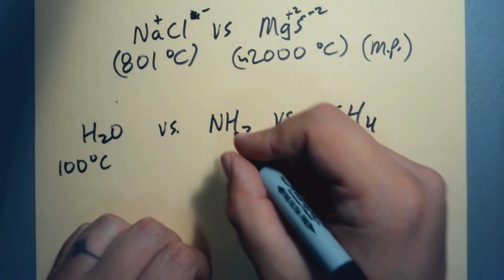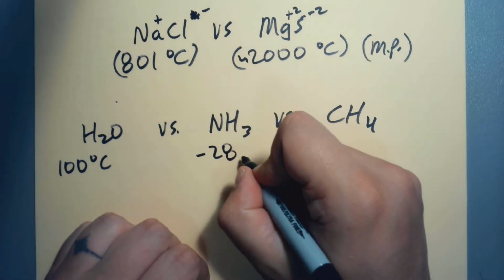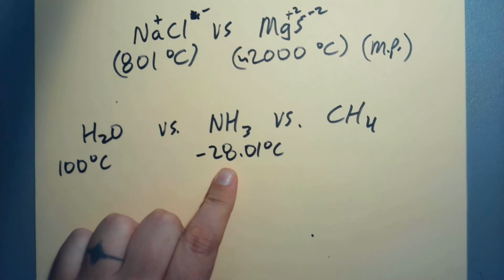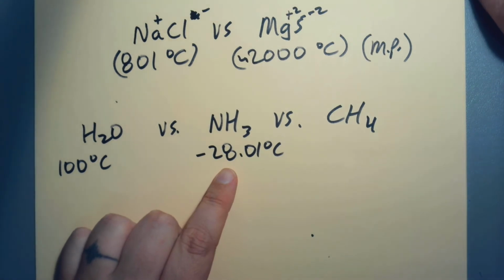Ammonia is -28.01 degrees Celsius. So it was actually one of the first refrigerants ever used. That'll get your ice cream nice and firm right there. And it's nice that it was non-flammable, which is a big deal. You can use propane as a refrigerant, but then it can explode, which is a drawback in your house.